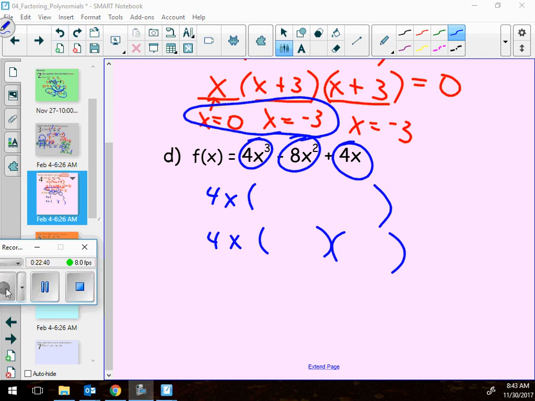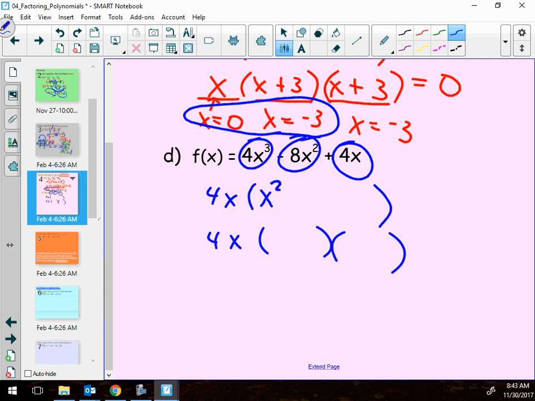Okay, by now you should have got the 4x out of everything. X squared. Is that a plus or a minus? Minus. X squared minus 2x plus 1. And then it factors again. X minus 1 and x minus 1. Does that make sense?